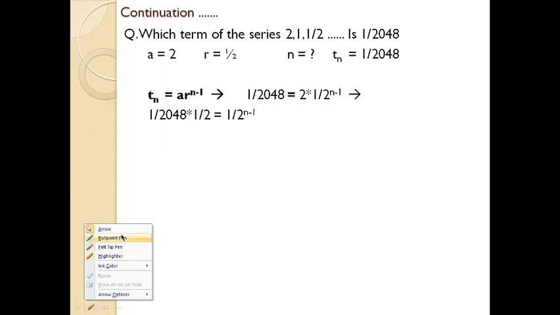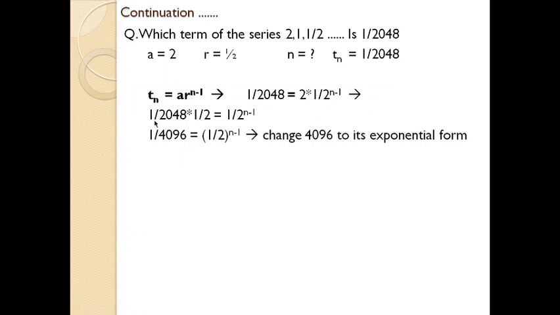Next, you need to deal with the left hand side of the equal sign, that is 1 by 2048 into 1 by 2, that is 1 by 4096 equal to 1 by 2 raised to n minus 1. Till now, all are familiar with the basic mathematics steps.